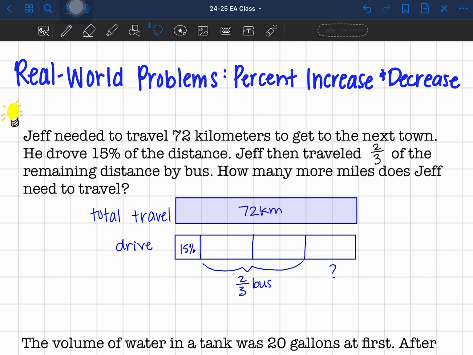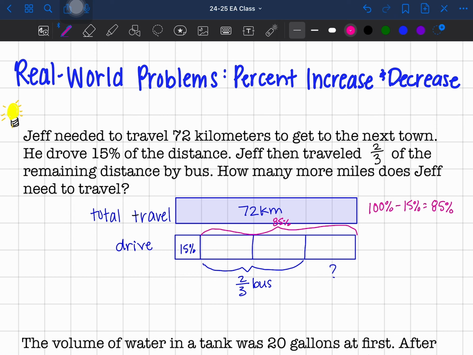Okay. So first we need to find out what is the remaining percentage. The remaining percentage would be 100% minus 15%, which is 85%.